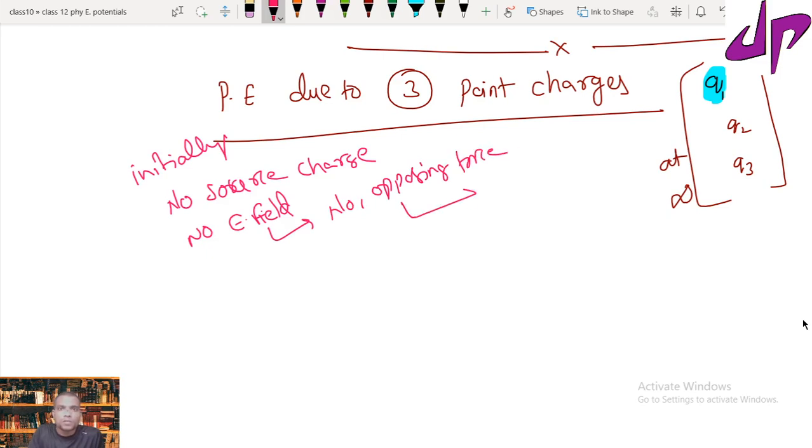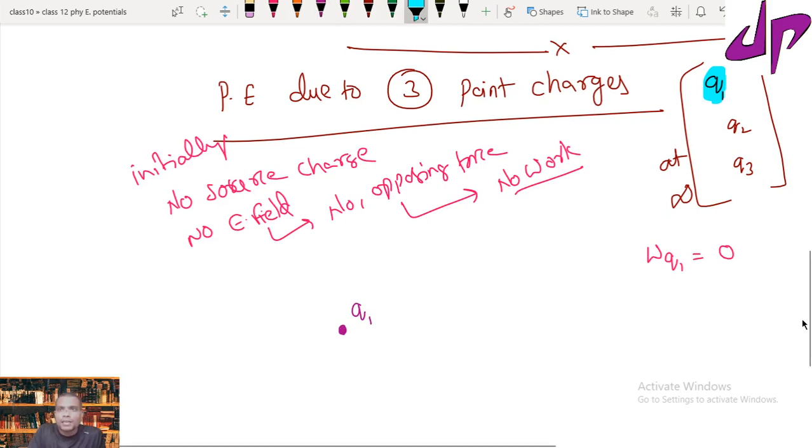If there is no opposing force, that gives us no work. So to bring charge q1, we need not do any work. The work done to bring charge q1 is equal to 0. Now I can mark the location of charge q1 here.